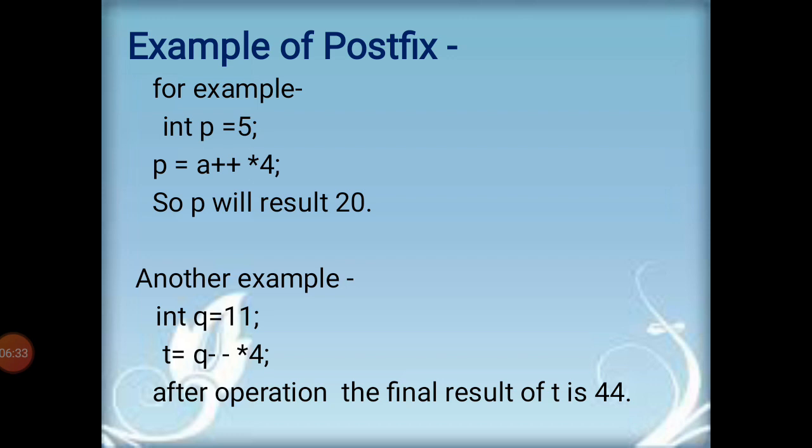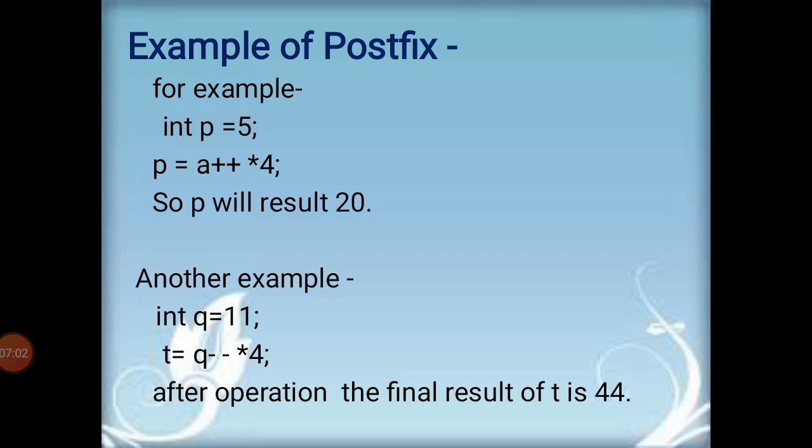It first uses the value of a, that is 5, and then multiplies it with 4. So it first multiplies 5 into 4. The final output of p is 20. After the operation, the value of a is increased by 1, that is 6.